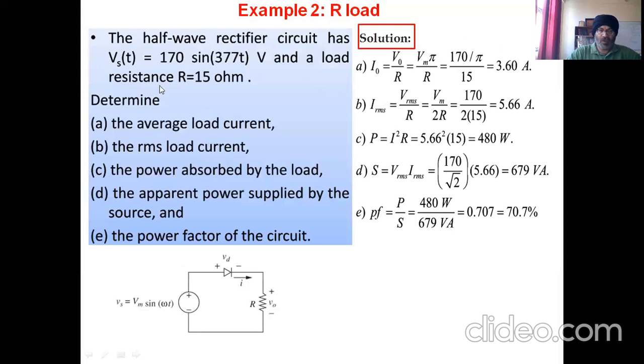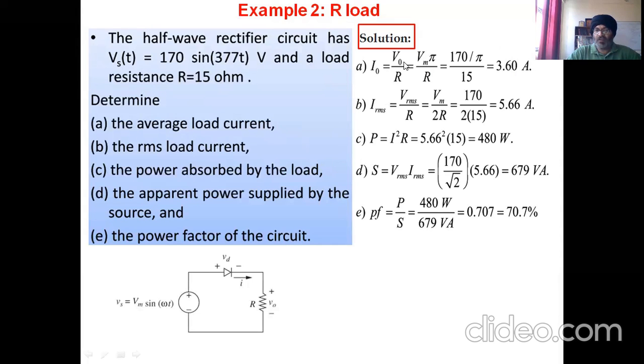Second example: a half wave rectifier circuit has this voltage source, and the load resistance is 15 ohms. We need to determine the average, or DC, load current.